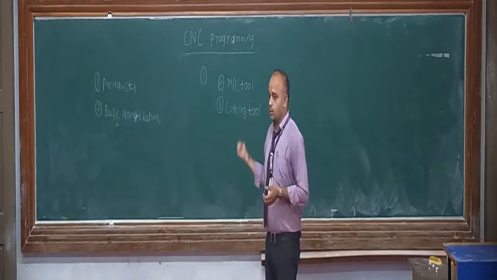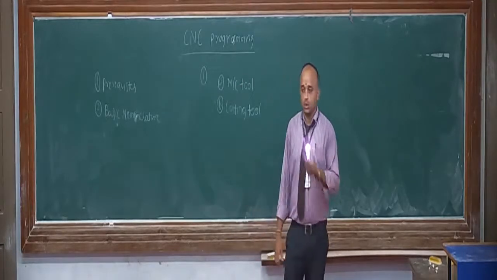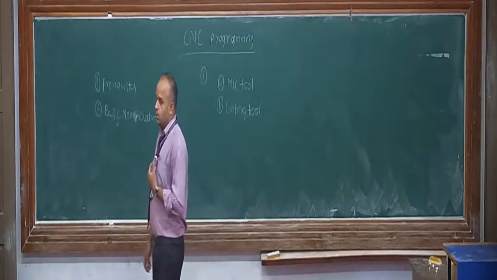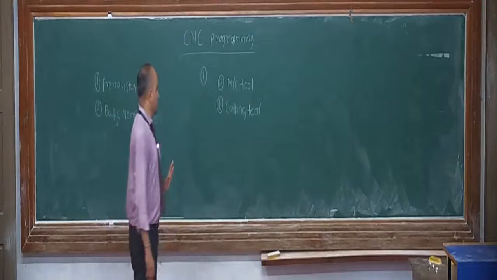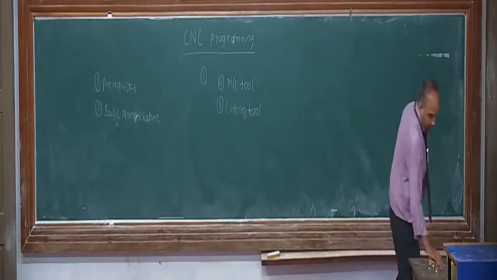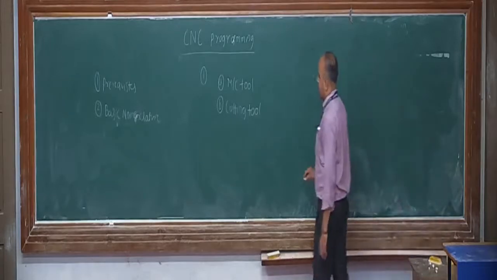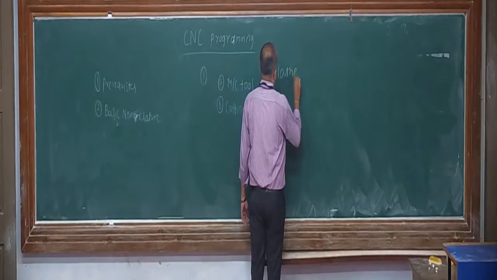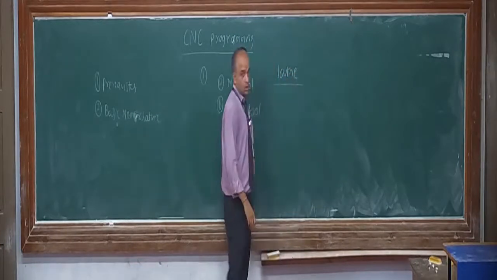But in case of CNC, we have a tool holder onto which we fix the carbide inserts, which do the operations. So we need to understand what the different cutting tools are. In case of lathe machines, there are a few different cutting tools, and in case of milling machine, there are different cutting tools. So first I'll tell you the cutting tools present on lathe machines.